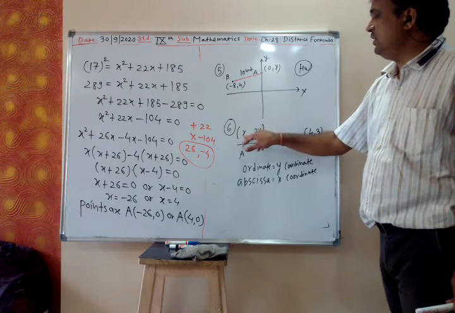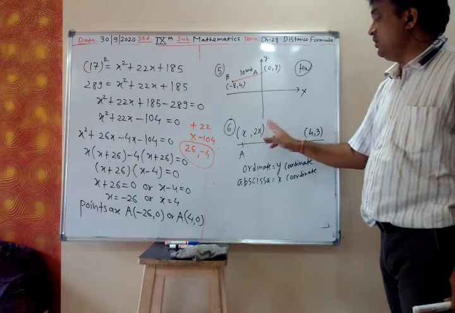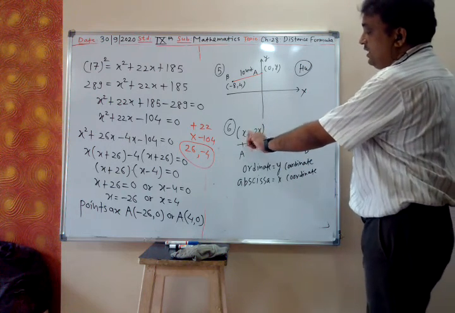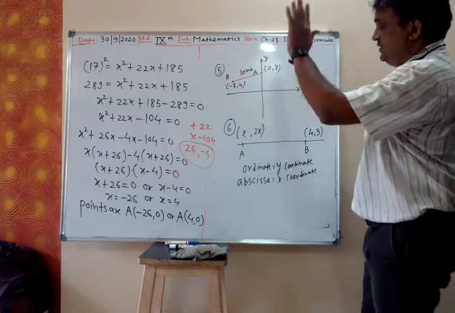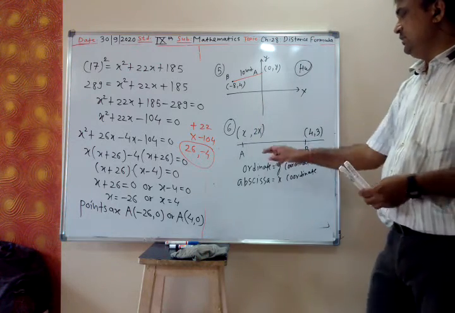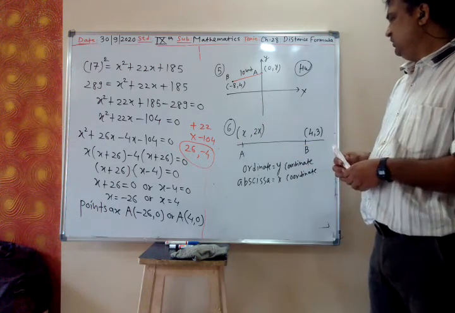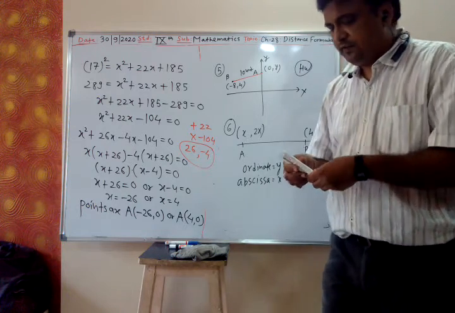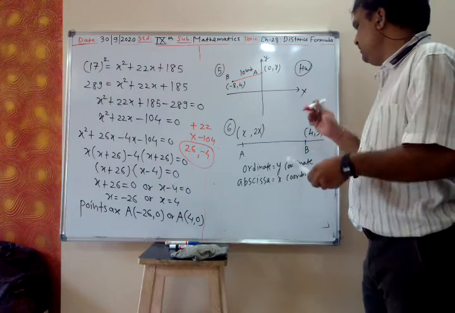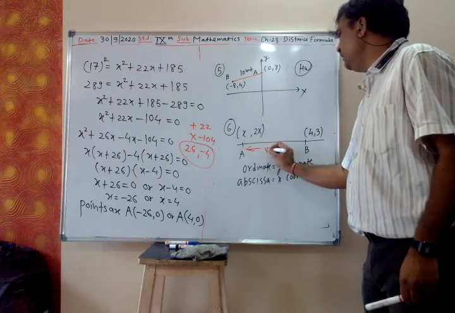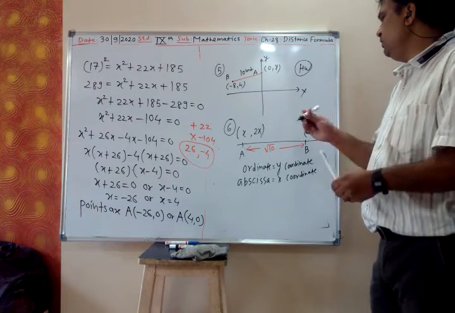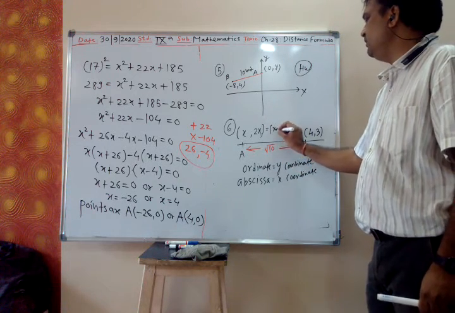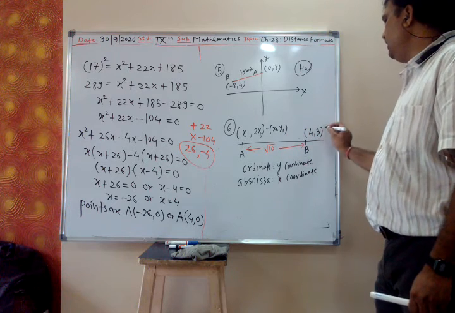So if you take the x coordinate as x, the y coordinate will be double of that, that will be 2x. This is my x1 y1. This distance is root 10 unit. Distance between them is given, that is root 10. So now what you can do very quickly, this you can take as x1 y1 and this you can take as x2 y2.